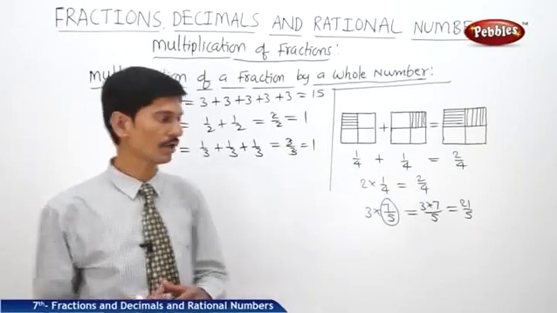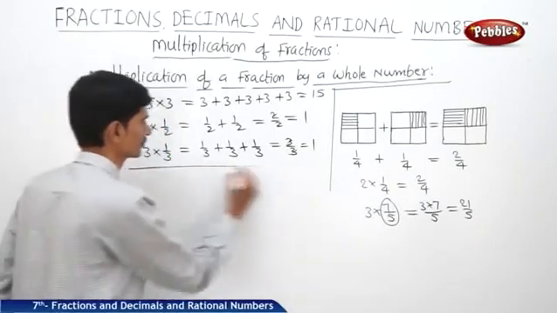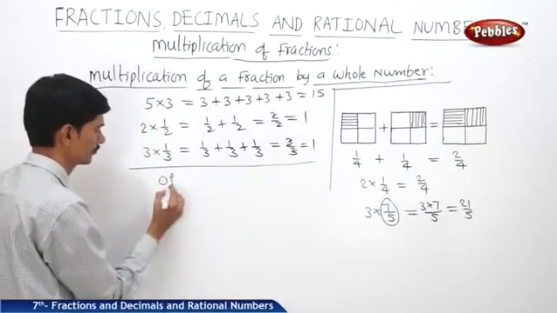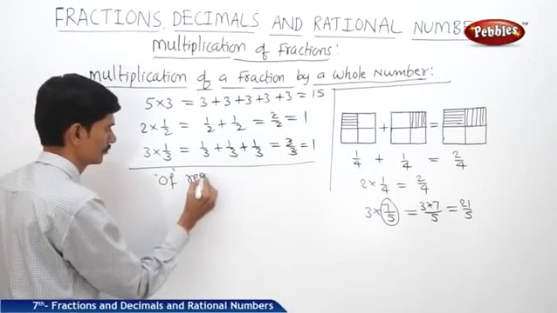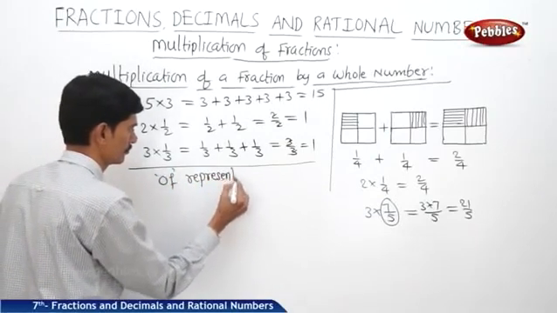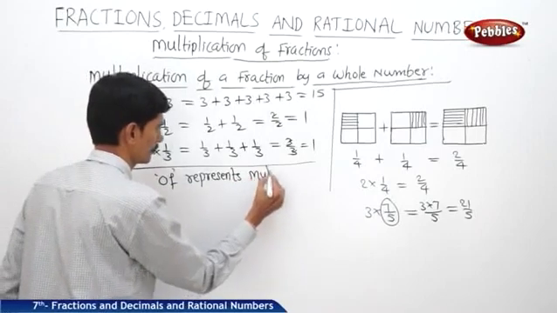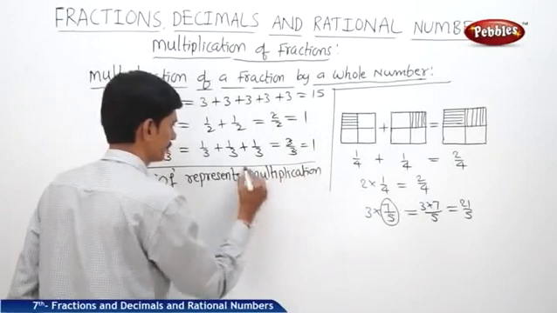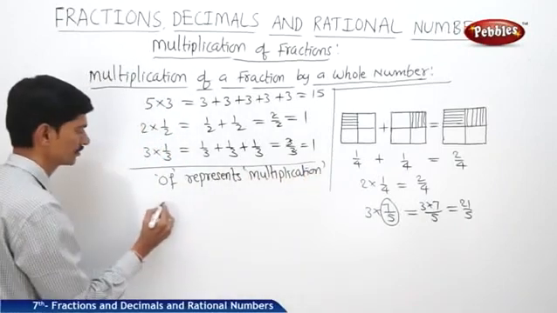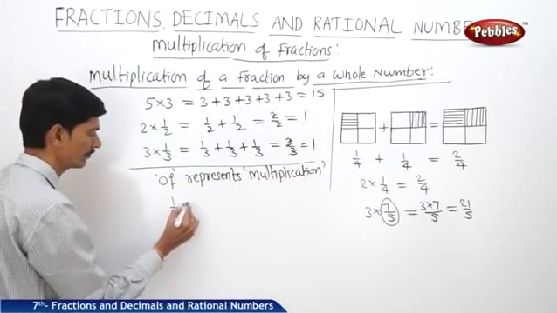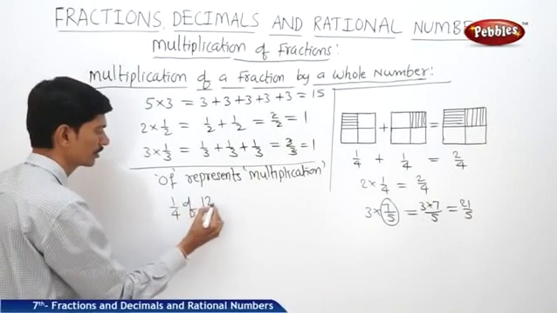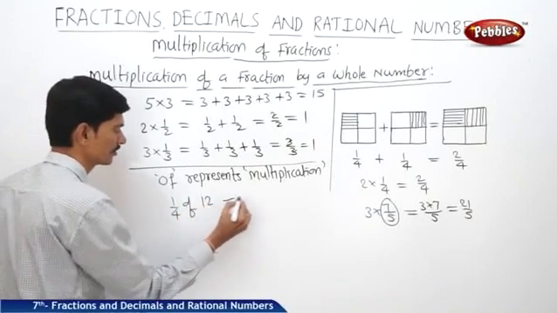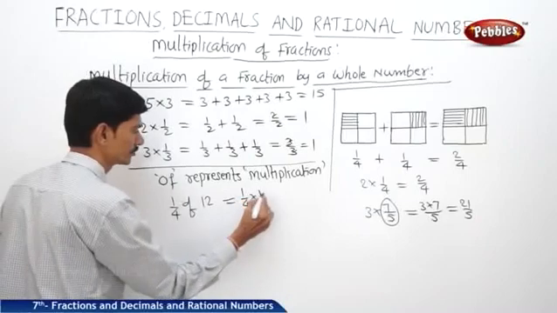Now here onwards, "of" represents multiplication. For example, 1 by 4 of 12 is the same as 1 by 4 into 12.